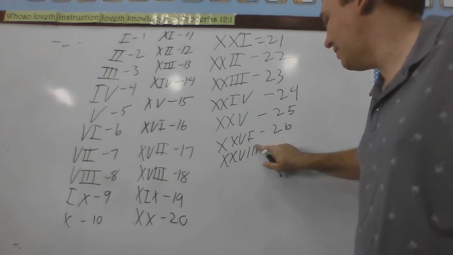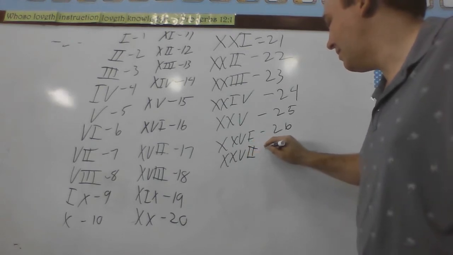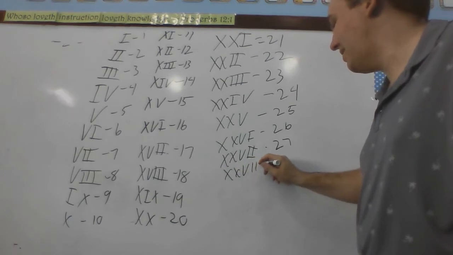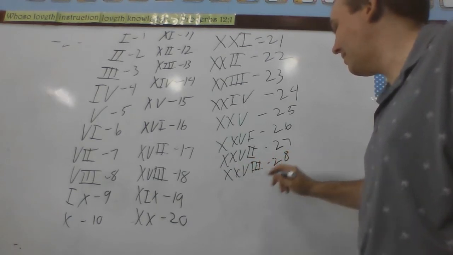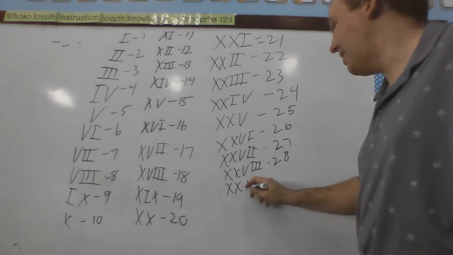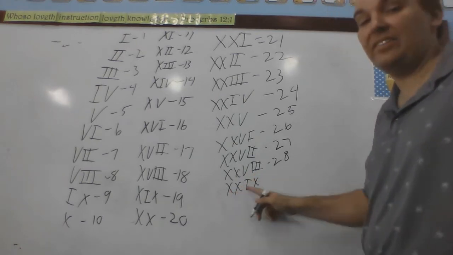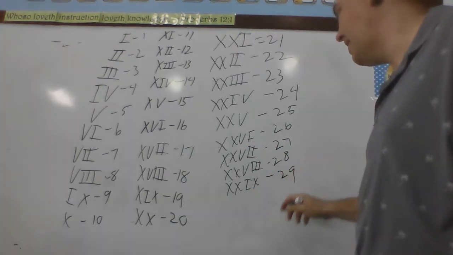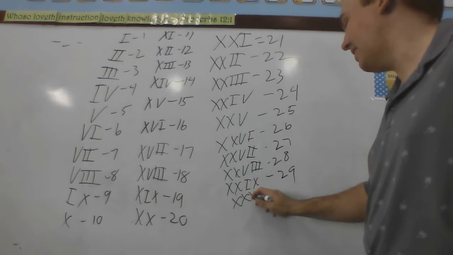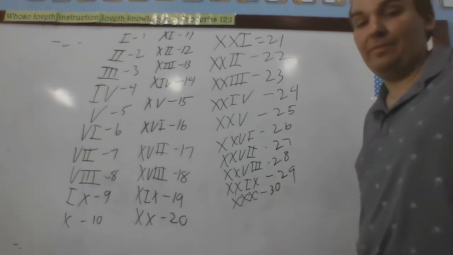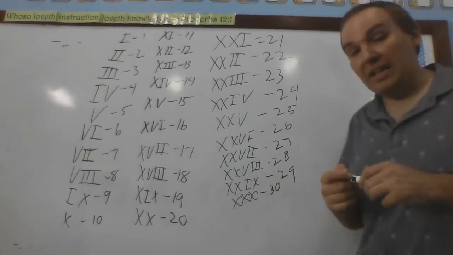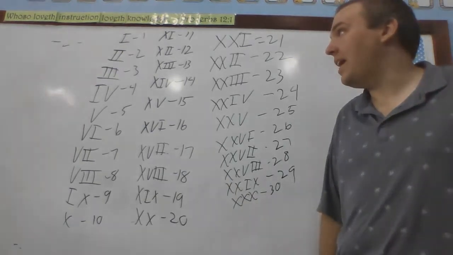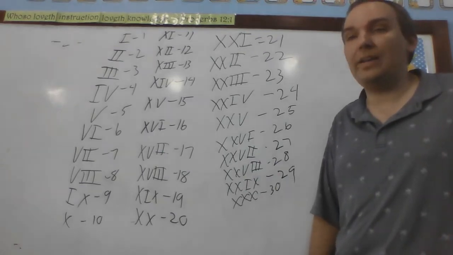Oops, 7. 28. 29. XX, IX. 10, 10, and 9. And then 30. X, X, X. Okay? It's not that hard. Once you figure out the basics, it's the same way all the way down.